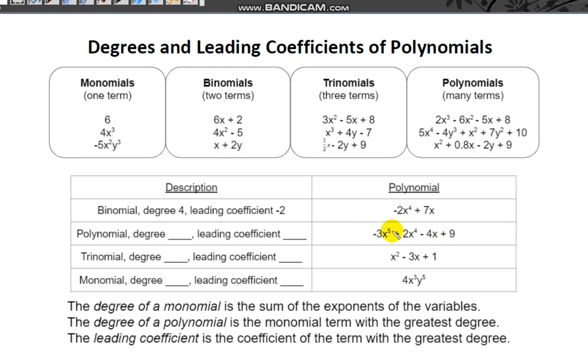The degree is the highest degree, so the degree is going to be 5. The leading coefficient is the number in front of the term with the highest degree. So the leading coefficient is going to be negative 3.